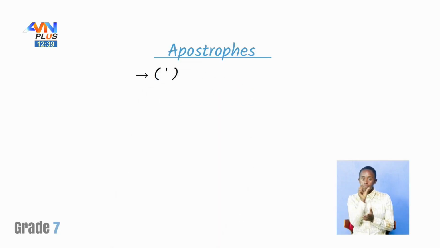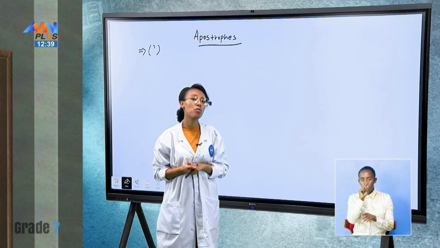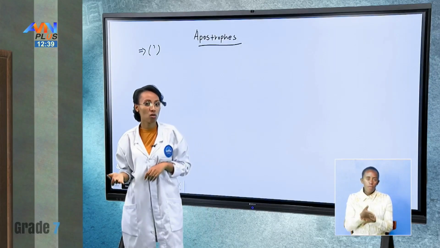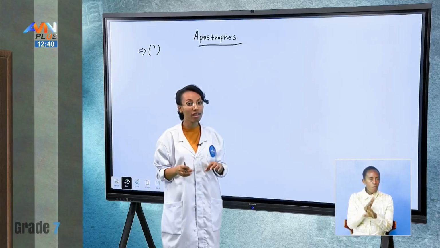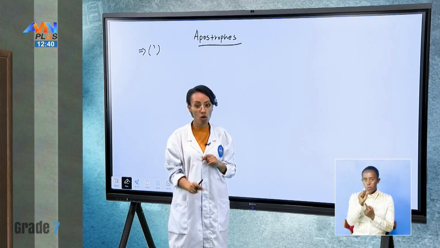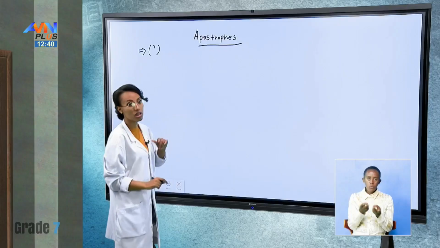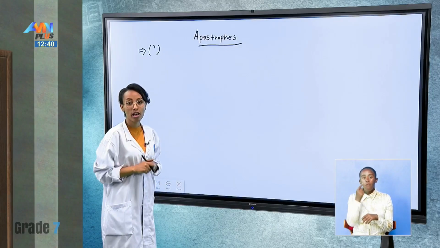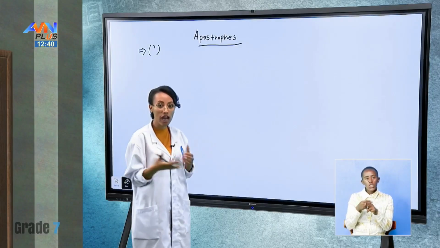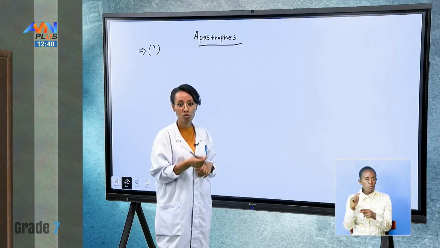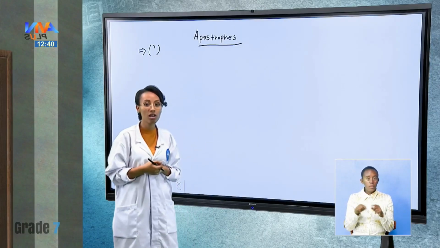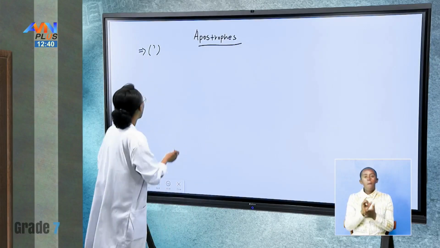This symbol is an apostrophe, right? And we use it after S or before S, depending on the situation. We also use an apostrophe for contractions. When we want to contract words, we use an apostrophe. But today we're going to focus on possession of apostrophe.